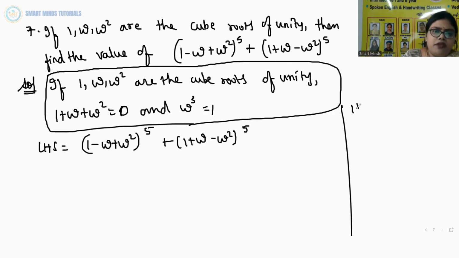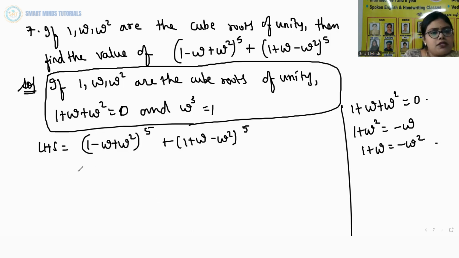Now you see we wrote 1 plus omega plus omega square is 0. So I can write 1 plus omega square as minus omega and 1 plus omega as minus omega square, right? So here 1 plus omega square I can write (minus omega) whole power 5, plus now 1 plus omega I can write as (minus omega square) whole power 5.